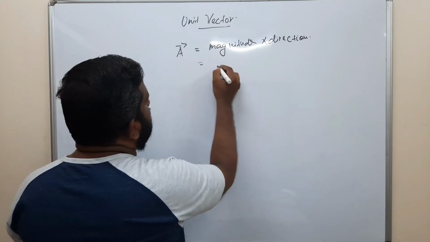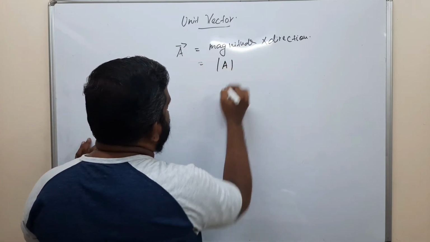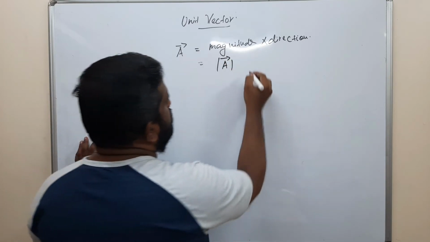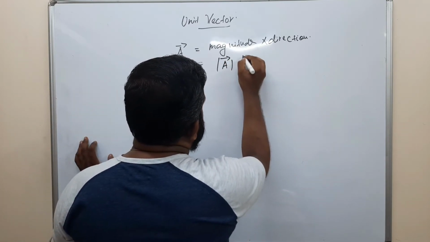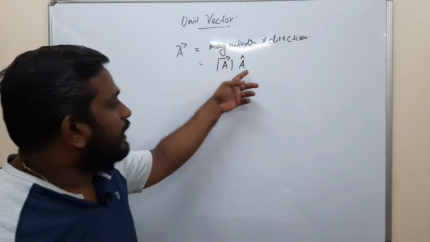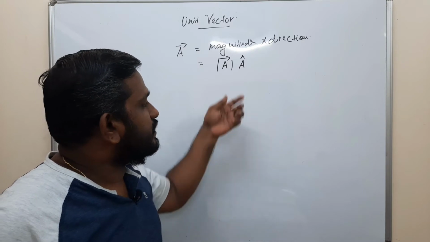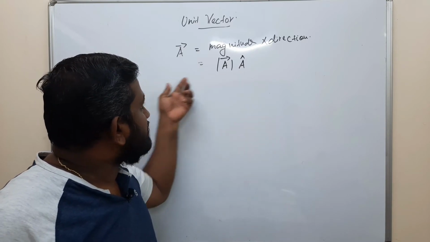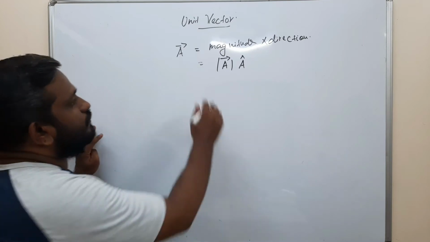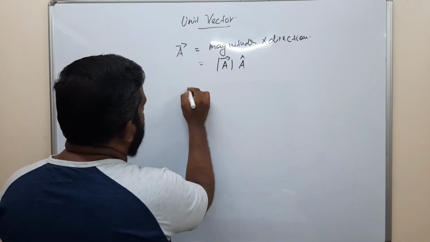The magnitude is the modulus of the vector, it gives the magnitude. Into direction means A cap. A cap is the unit vector, which acts in the direction of this vector A.